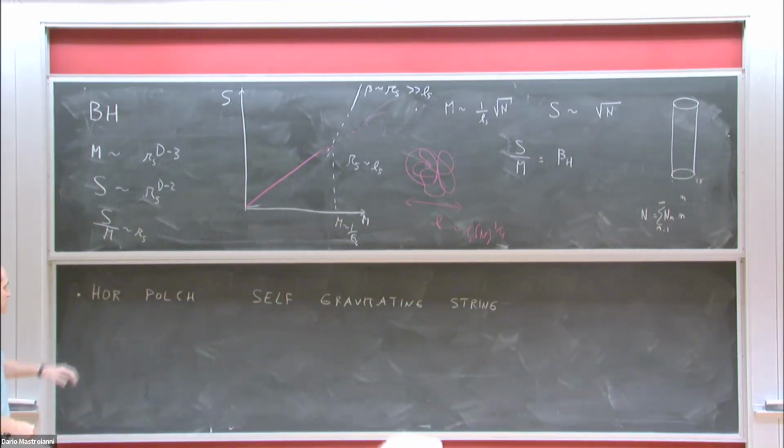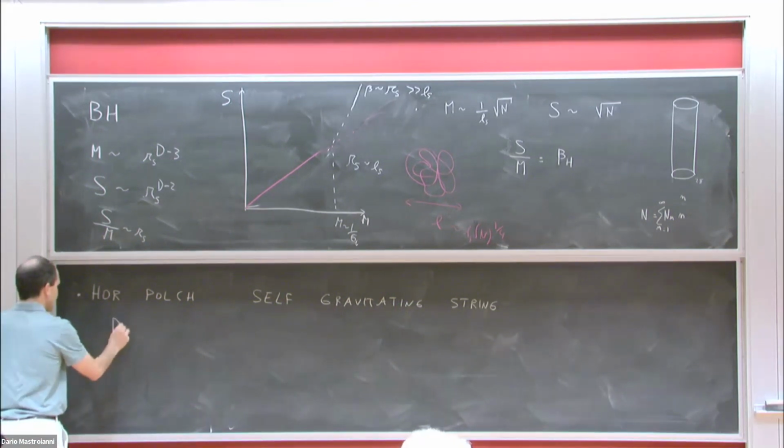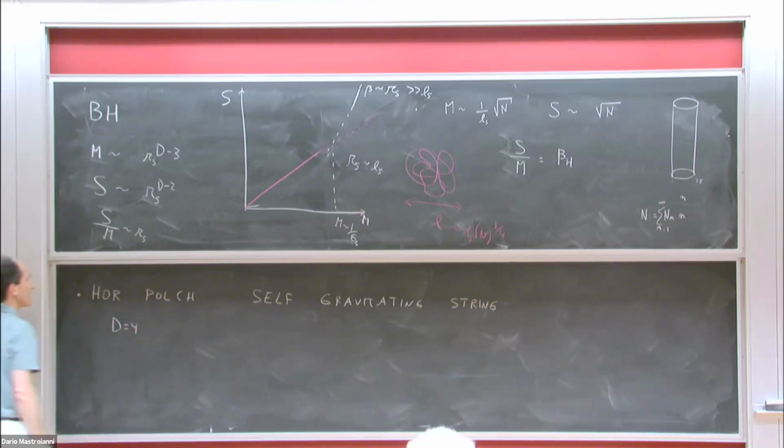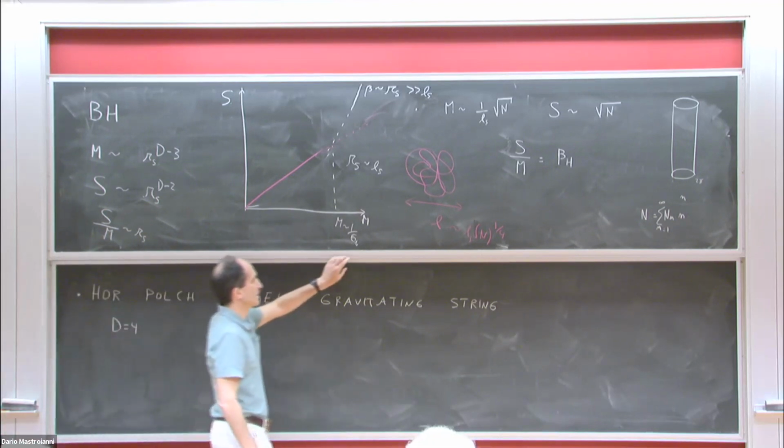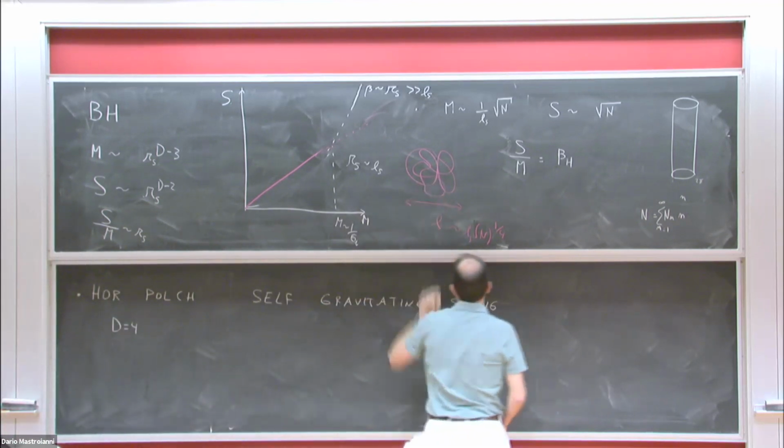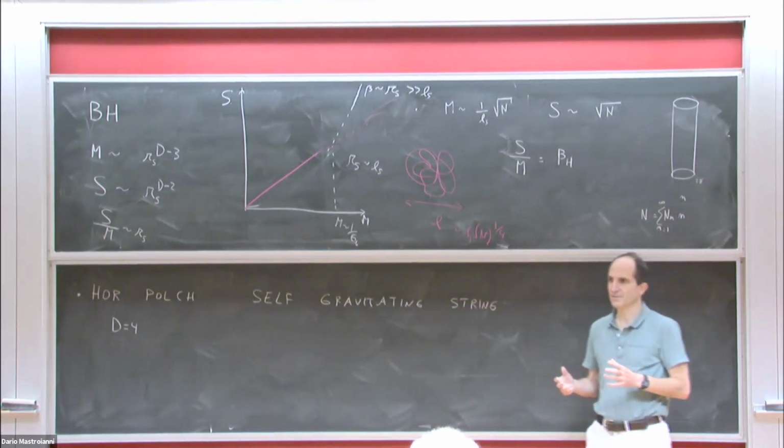This solution exists in various dimensions, but the best situation for us will be in 4 space-time dimensions. The idea is that we start with this free string picture, and we include the leading effects of gravity.